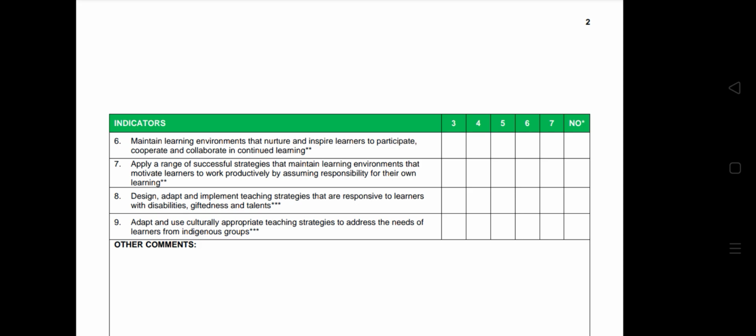Number 9, the last one, adopt and use culturally appropriate teaching strategies to address the needs of learners for IP. Of course, my dear fellow teachers, siguro sa inyong lugar walang IP pero sa amin meron. So, the teacher should not wag walain sa sistema yung mag-adopt and gumamit tayo ng culturally appropriate teaching strategies.